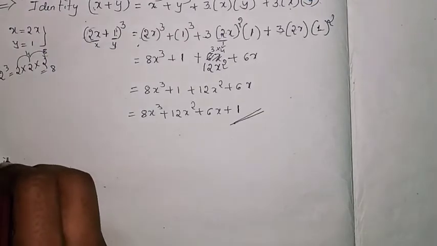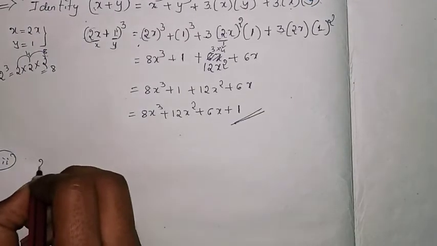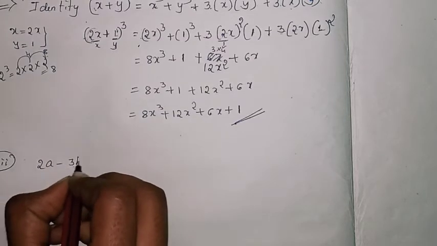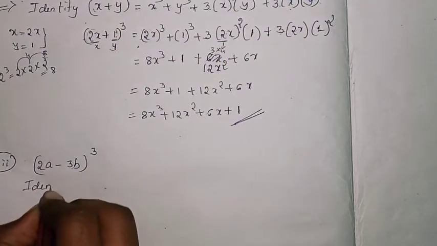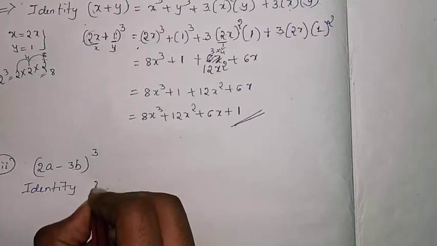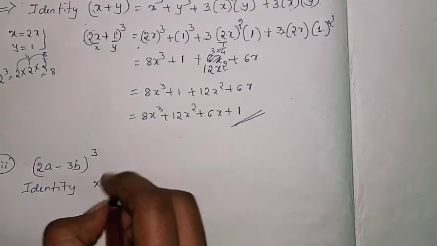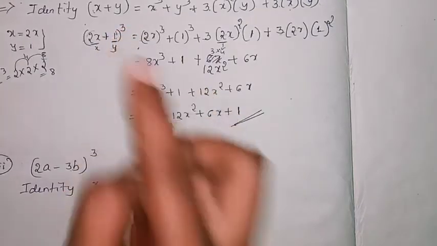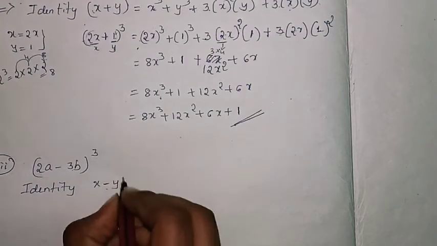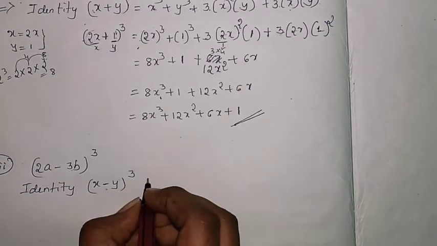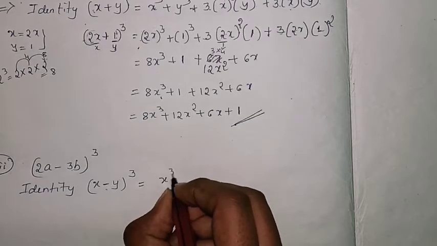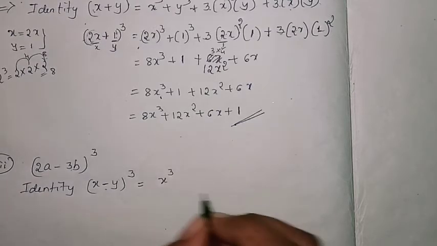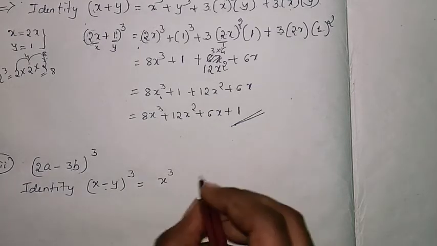Then the second problem we will solve, that is 2a minus 3b whole to the power cube. The identity here also we are using. As we have solved x plus y, like that x minus y whole to the power cube. For that the formula is, first you make the cubes, and after that you have to observe the sign of these terms.